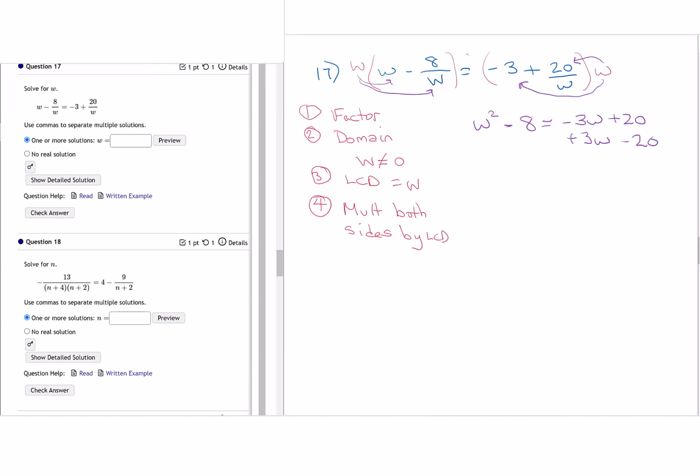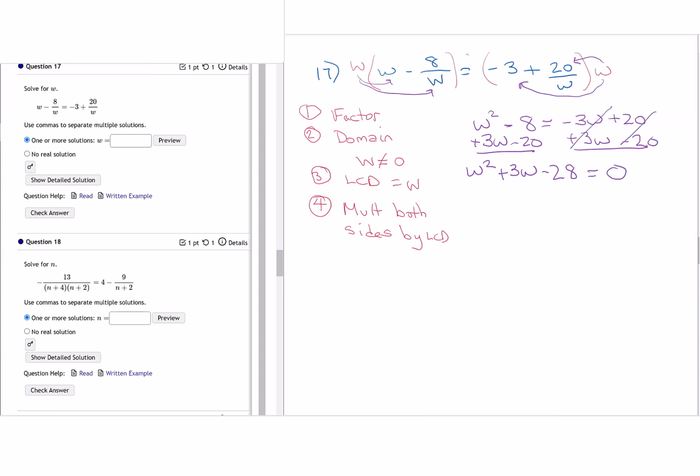You don't have to do this in 1 step. I have W squared plus 3W minus 28 is equal to 0.